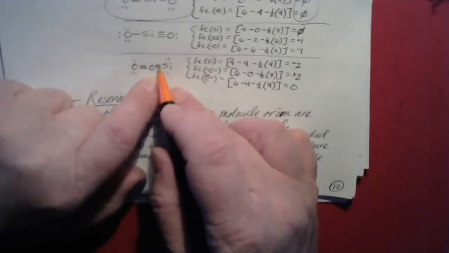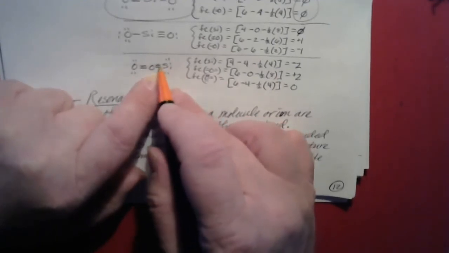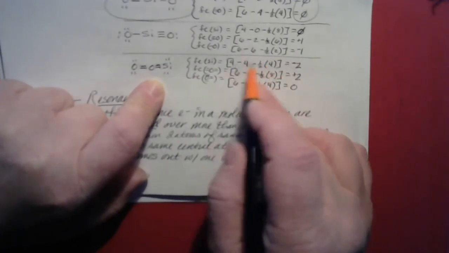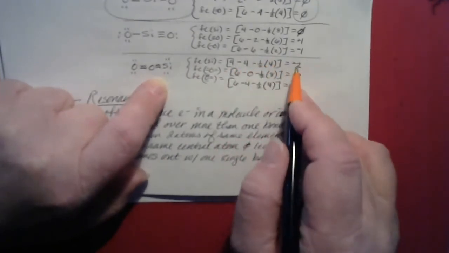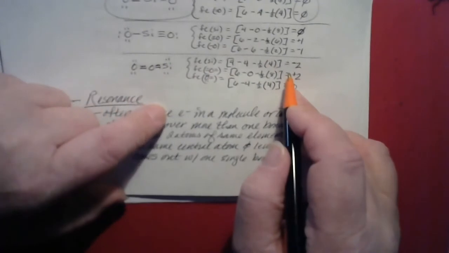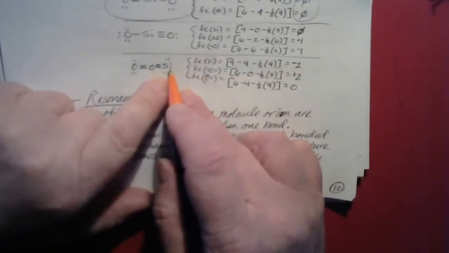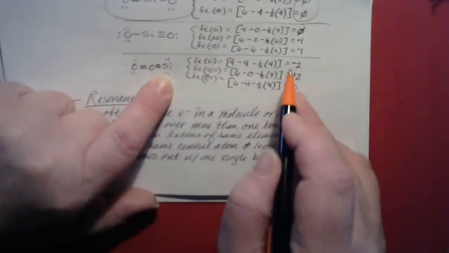Silicon here has 2 bonds, which means 4 electrons. So 4 minus 4 minus 1/2 of 4, that's minus 2. That gives you a -2 formal charge on the silicon, which is the least electronegative element present. That's a really bad sign.